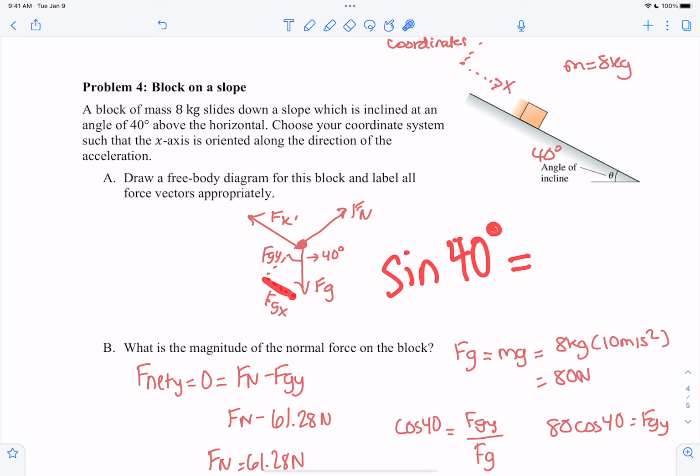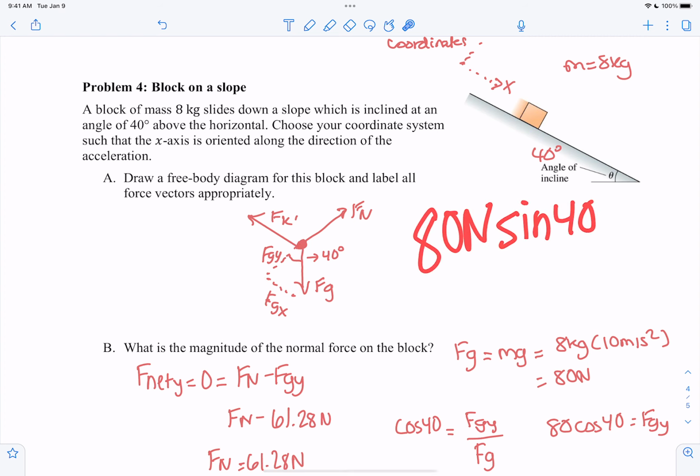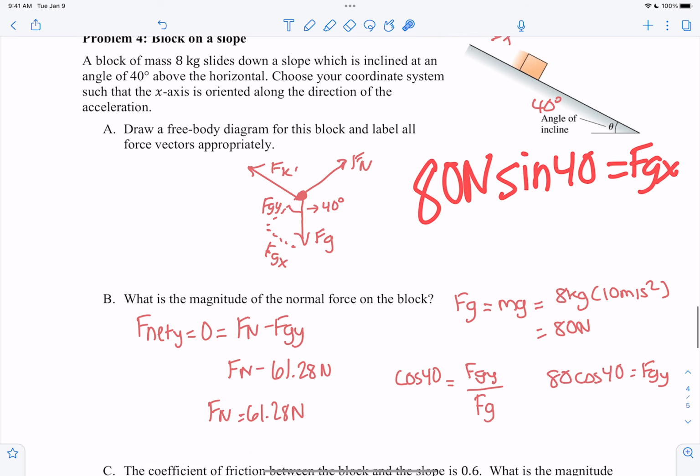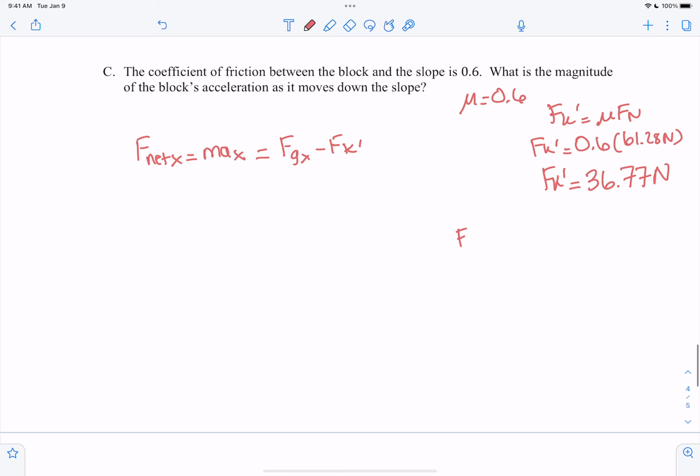Sine is opposite over hypotenuse, so FGX over FG. And FG is 80 newtons, so 80 newtons times sine 40 will give us FGX. Let me write it down here again. FGX over FG is equal to sine 40. This is equal to FGX over 80 newtons. So FGX is equal to 80 times sine 40.